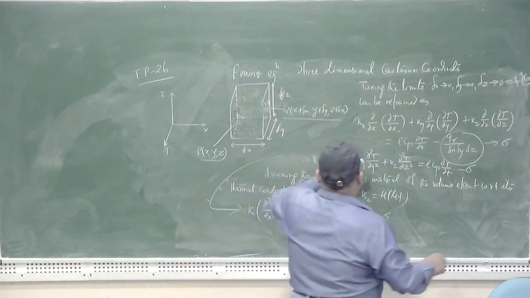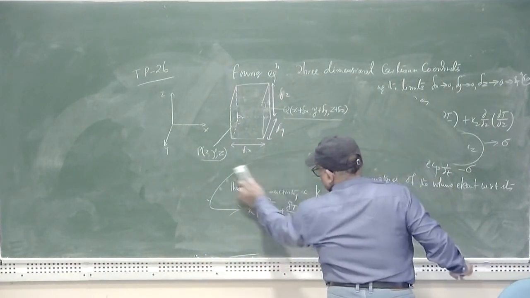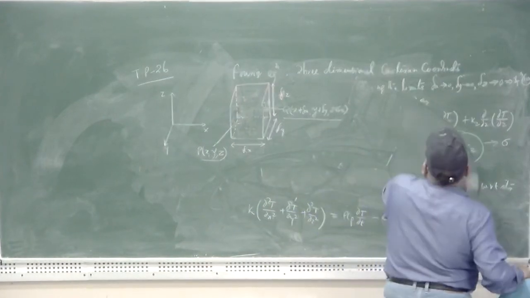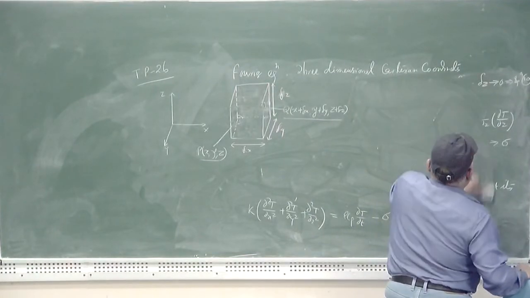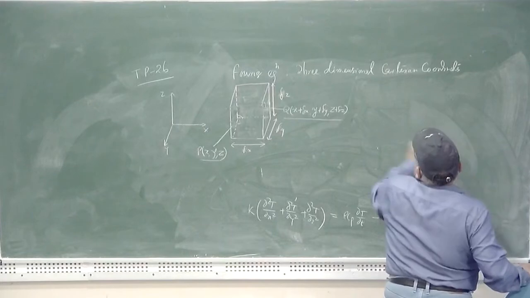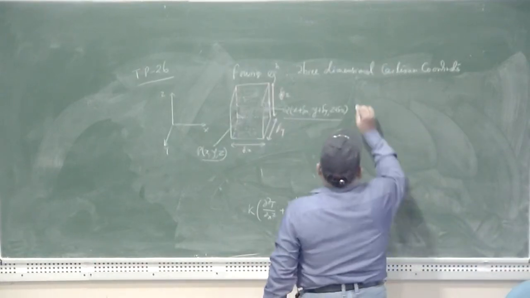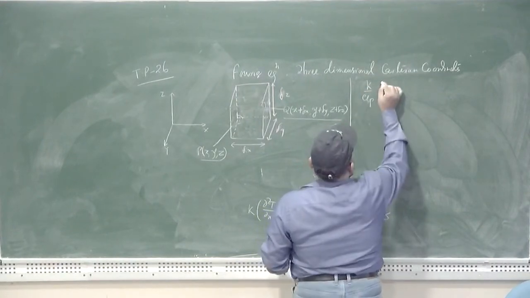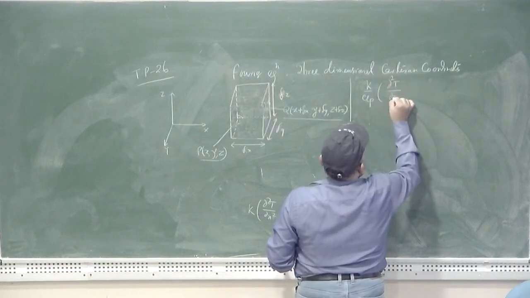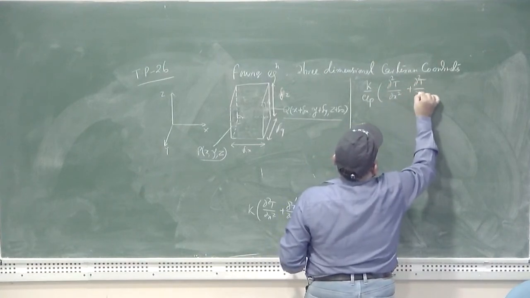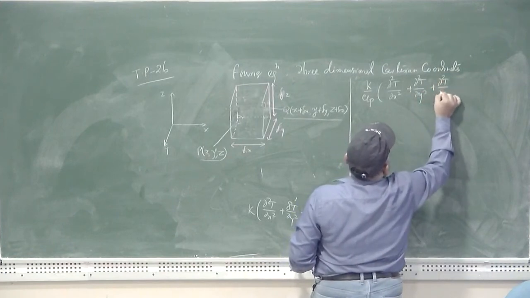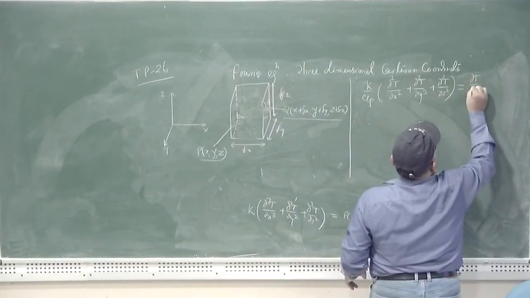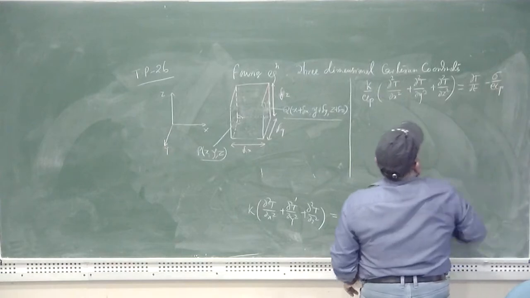Dividing the whole expression by the quantity rho cp, we can write k by rho cp times this quantity, that should be equal to this equation.